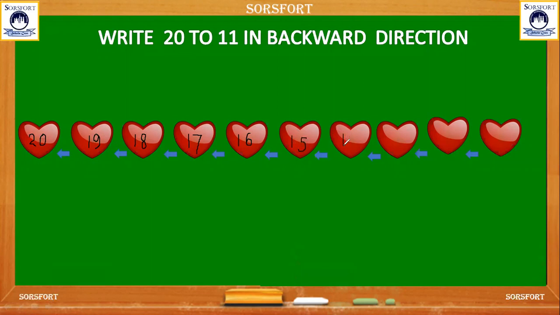Before 15, 14. Before 14, 13. Before 13, 12. Before 12, 11. So children, when the question is asked to write 20 to 11 in backward direction, I wrote in backward direction in this way.